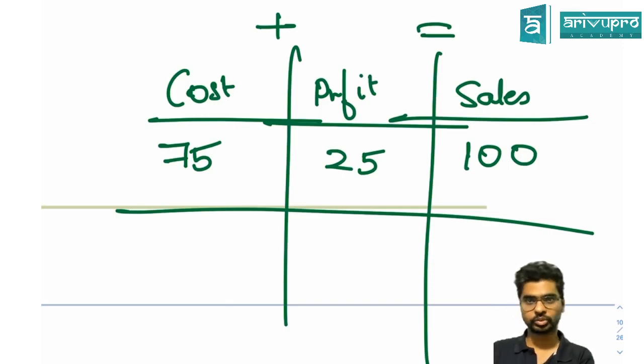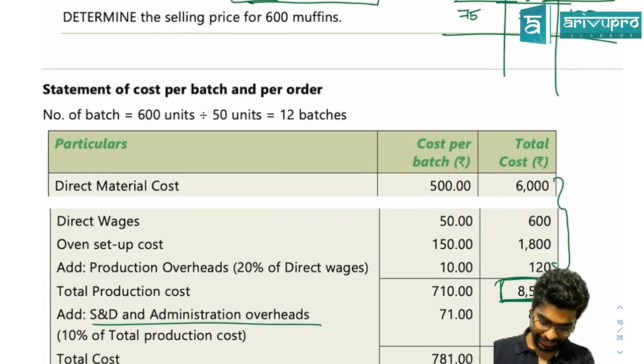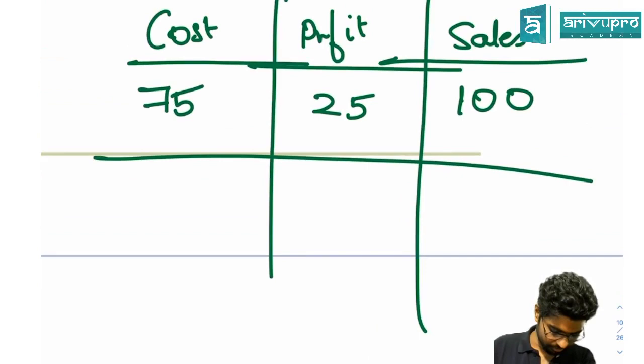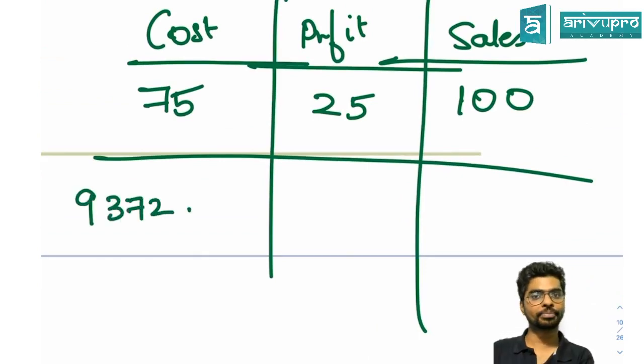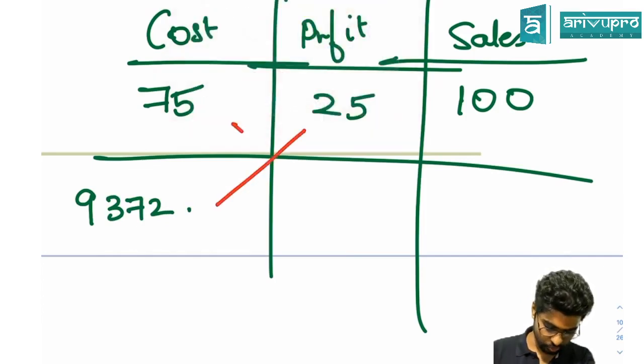Understood, Guru? Now, see, my cost of the product is 9372. So, I will go and write under the cost column 9372. Okay. I will do a cross multiplication between these two.